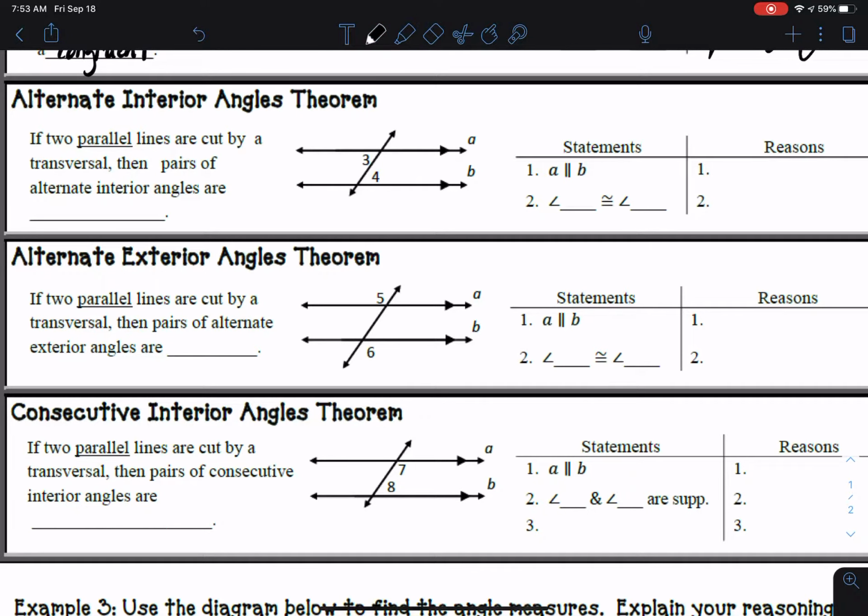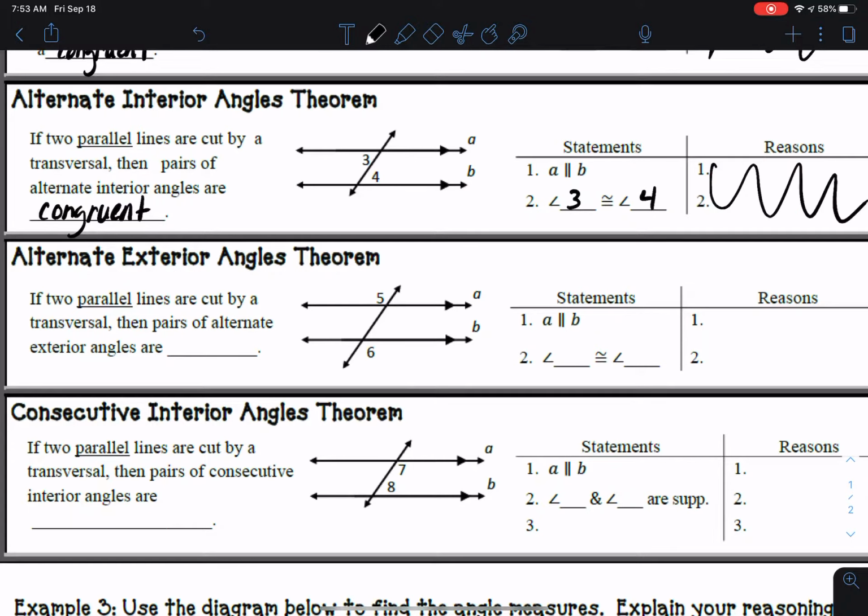And if you look at that, this guy is pretty small, this guy is pretty small. So when that happens, and you have alternating interior angles, they are also congruent. And if you go to the statements, line A and B are parallel, and 3 and 4 are congruent.